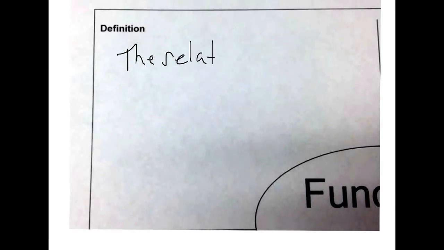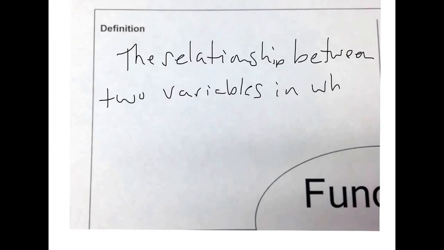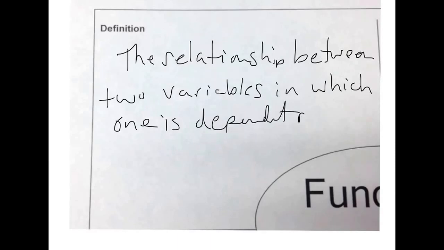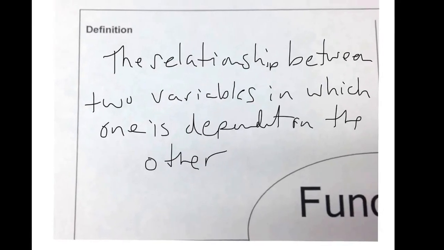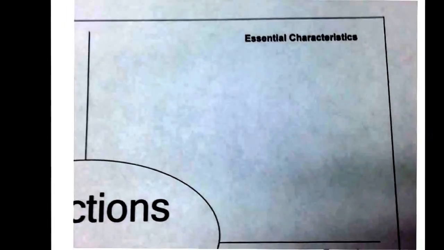All right, the definition of a function is the relationship between two variables in which one is dependent on the other. Then we're going to move over to the essential characteristics, and I'm just going to do them as bullets here.